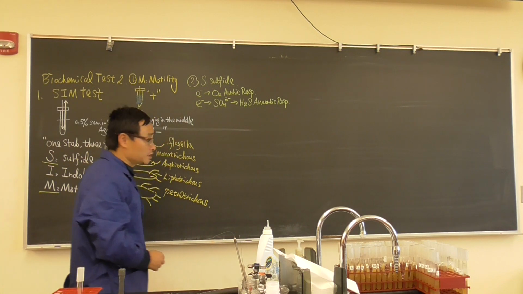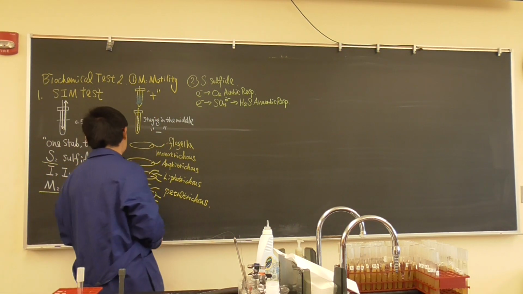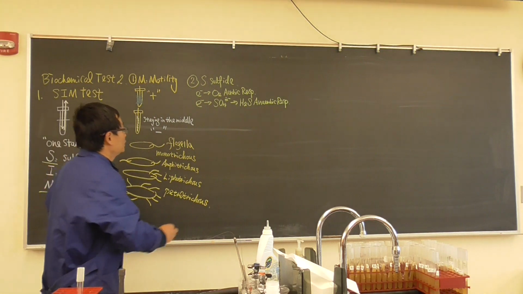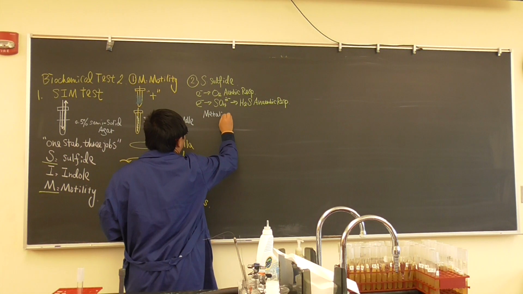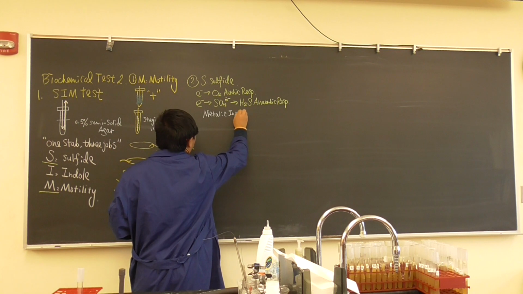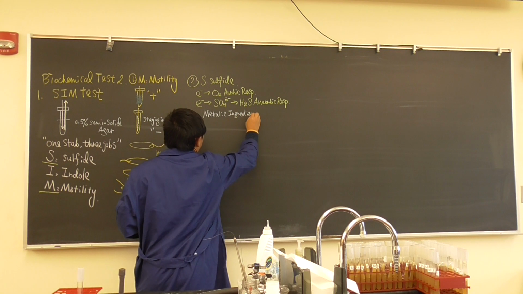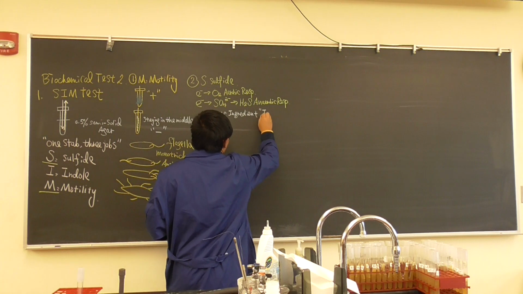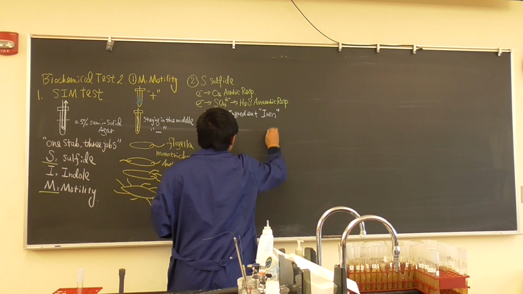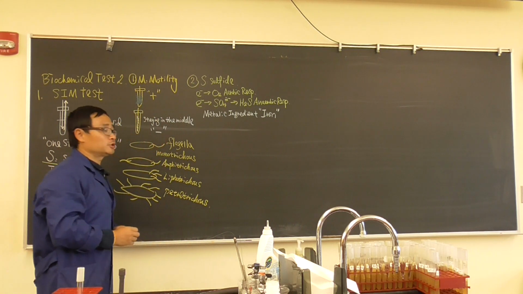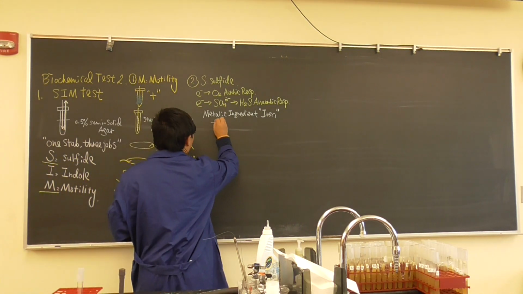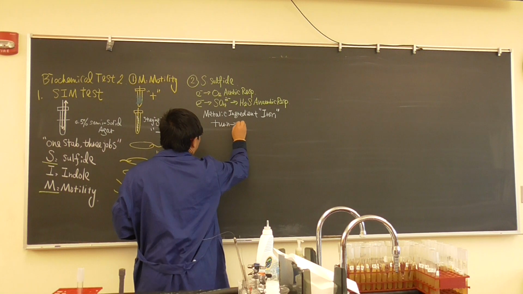Now, how do we know the sulfide is positive? In this medium, there are some metallic ingredients, for example, it may have iron there. If sulfide is reduced to H2S, it turns black.